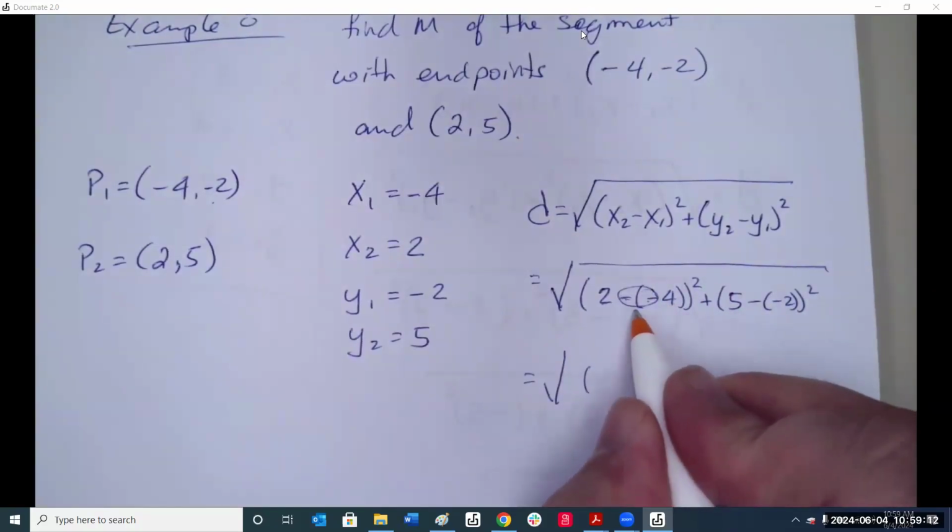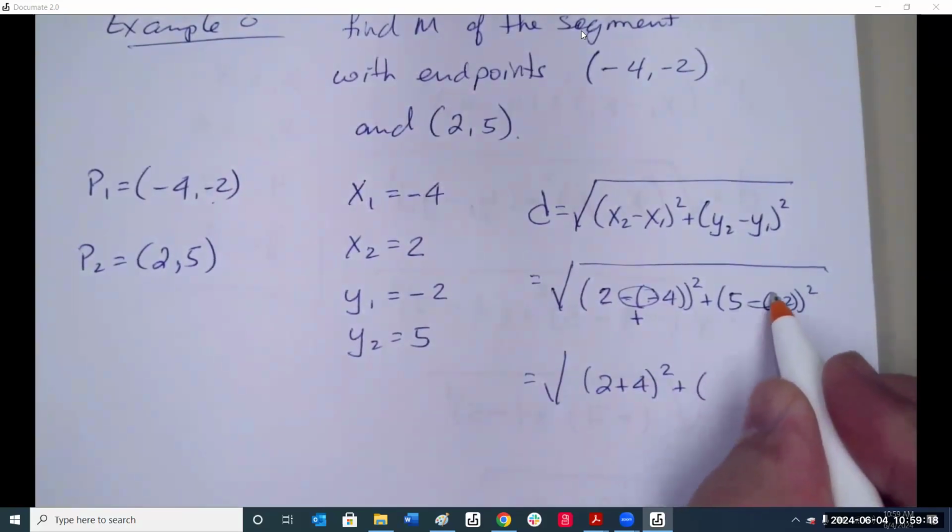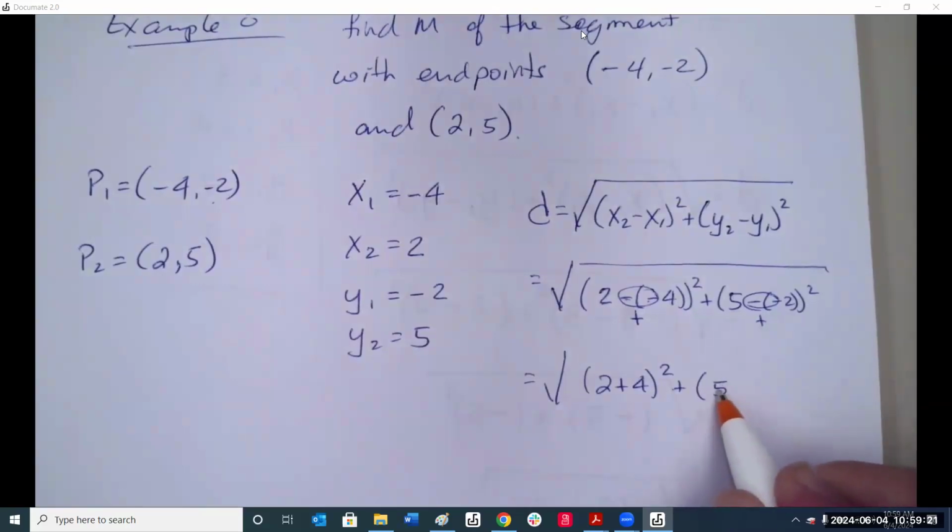Negative and negative becomes a positive, so it's 2 plus 4. Negative and negative becomes a positive.